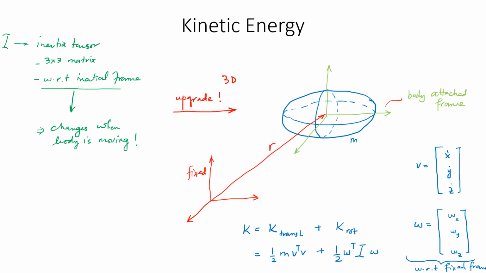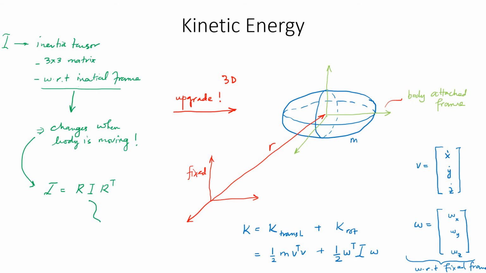And yes, we can do that. Actually, this inertia tensor is equal to, if you consider the rotation of the body attached frame alongside it, using the similarity transformation, R, which is the rotation matrix, times the inertia matrix defined with respect to the body attached frame, times R transposed.